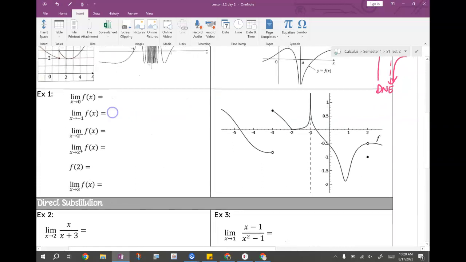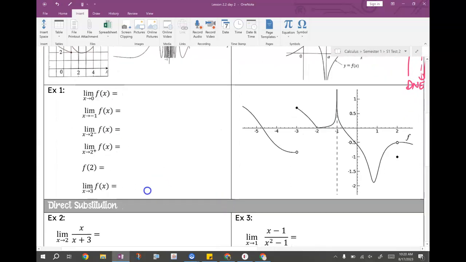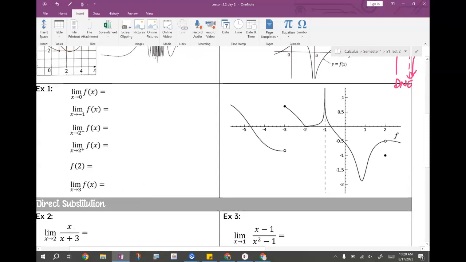So looking at example 1, we're going to answer these questions based on this graph off to the right here. As x approaches 0, what is the limit? That means we are looking from both directions. What do you got? It's actually a little bit below that. Yeah, so 0.6. There we go.